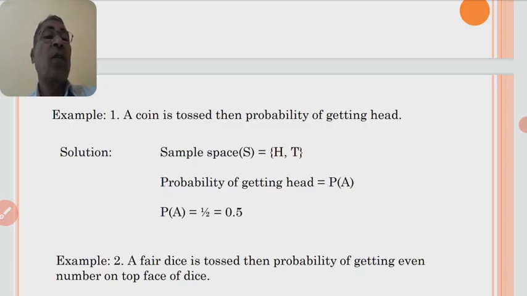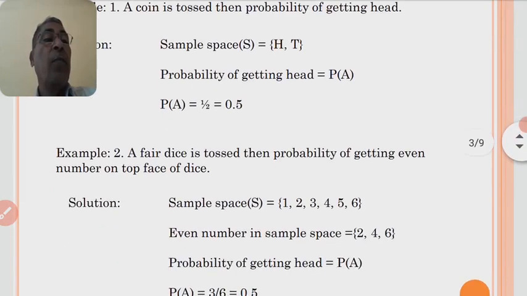The probability of getting head is equal to the number of cases in which the event occurs divided by the total number of events, that is 1 by 2, and if we simplify this, we get 0.5.